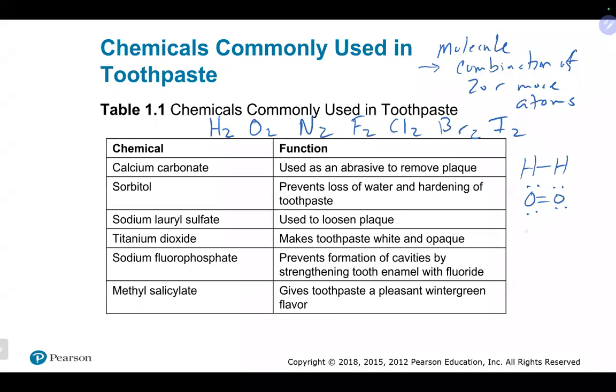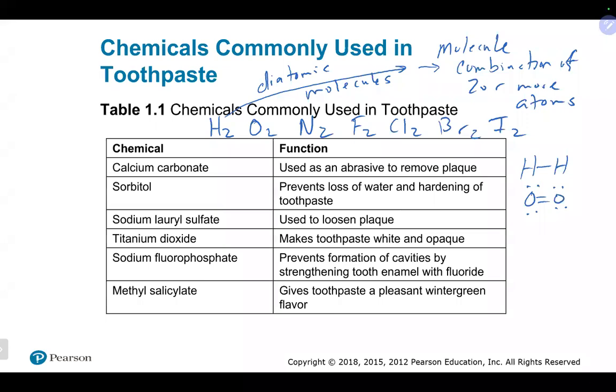Since there's only two, these are also sometimes referred to as diatomic molecules. Di meaning two, atomic meaning atom. So it's a molecule made up of two atoms, basically. Now, what confuses people is each of those things that I just listed, they are elements and they are also molecules.